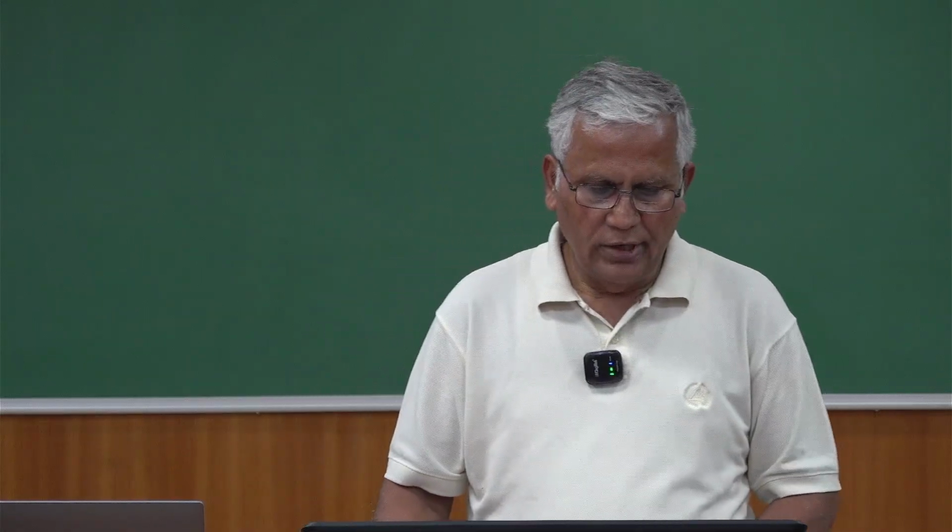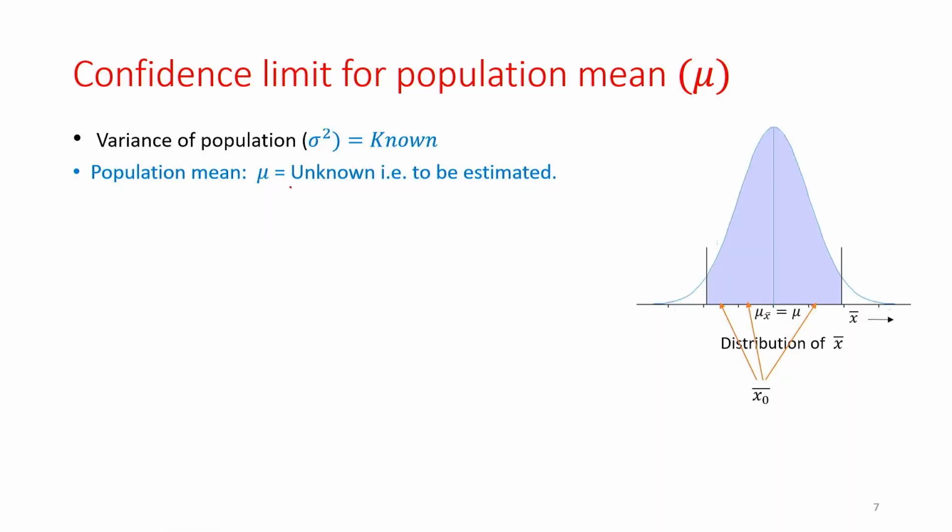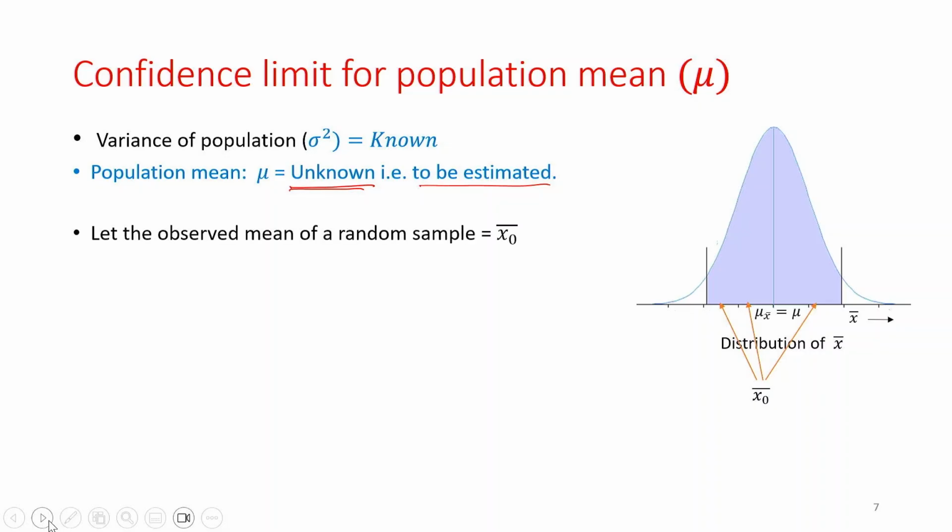The population mean μ is unknown and it needs to be estimated. This is what we need to estimate. How to go about it?